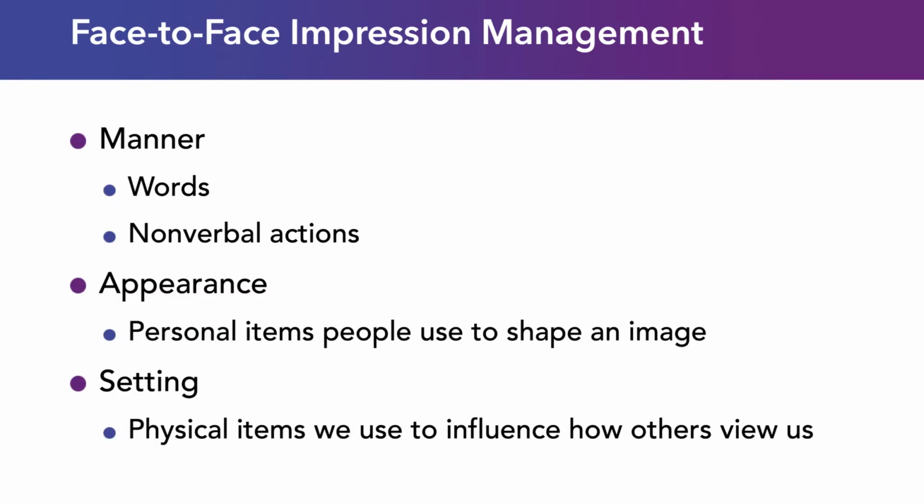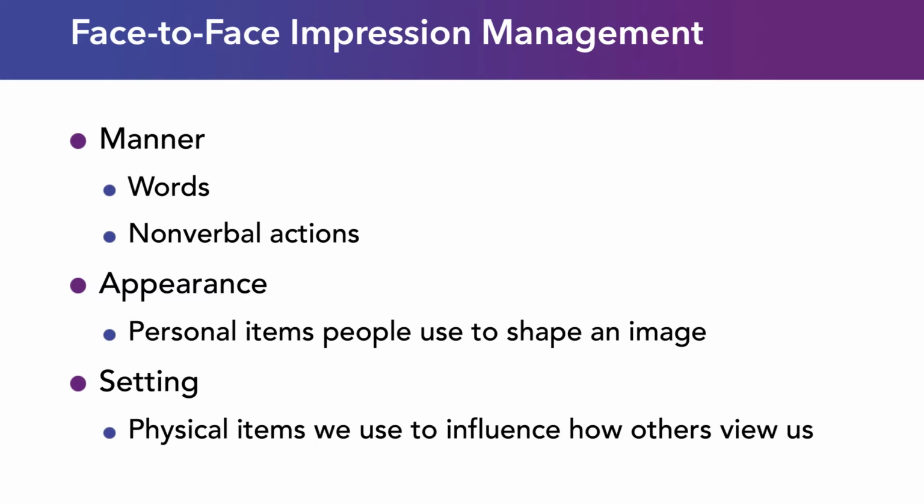So, what about when you're face to face? What are some of the strategies that we use to manage the impression that we're giving other people, or how do we manage our presenting self? There are three: manner, appearance, and setting.